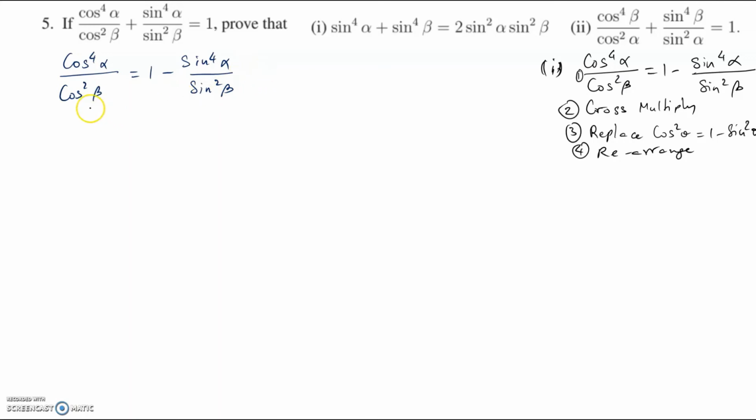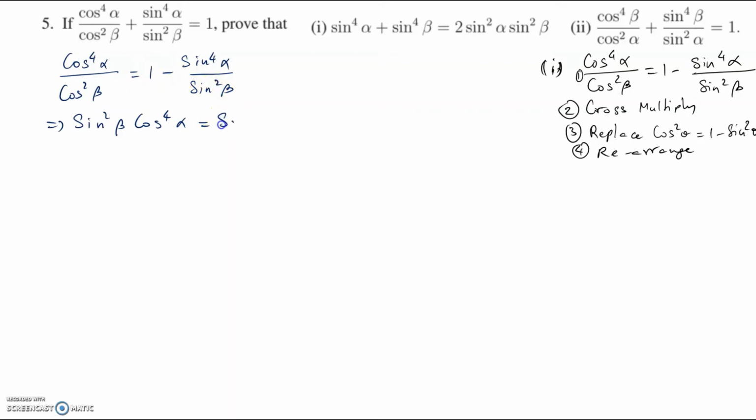Then if we cross multiply this, we will get sin squared beta cos to the power 4 alpha is equal to, taking the LCM here, instead of 1, sin squared beta.